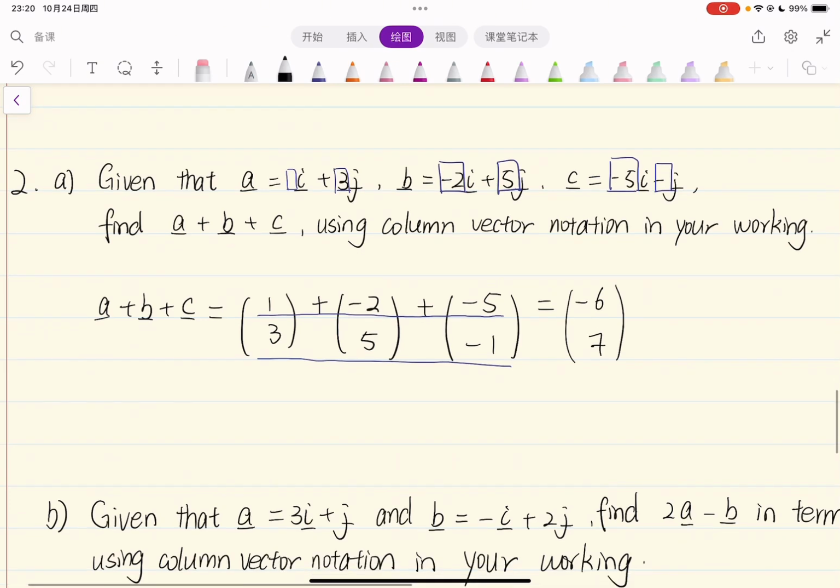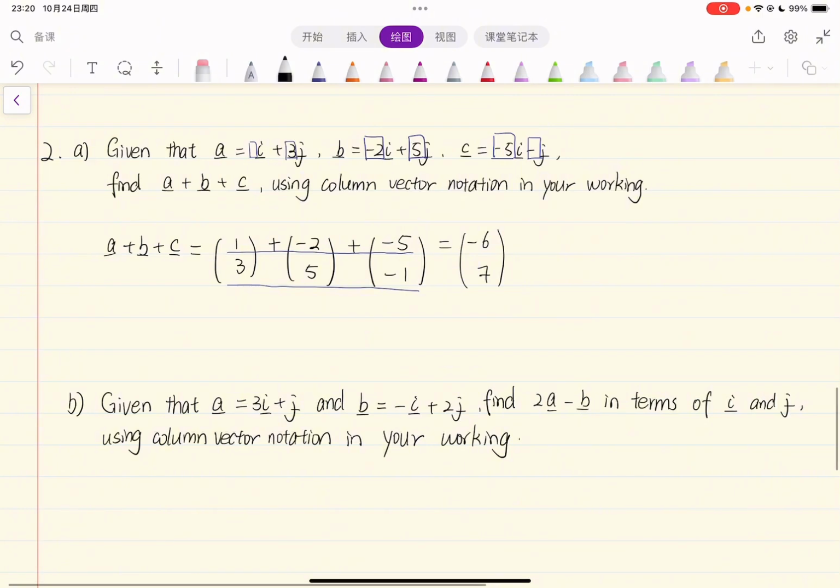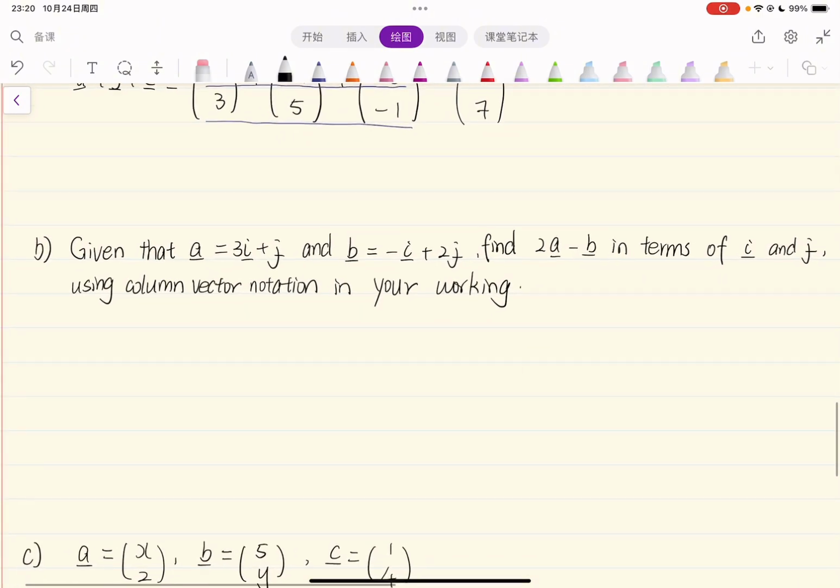Now let's move on to see part b of the question. Given that a equals 3i plus j and b equals minus i plus 2j, find 2a minus b in terms of i and j, using column vector notation in your working. So we have 2a minus b. We write down 2 at first, and then find the scalars of a. For the x component, that is 3. For the y component, that is 1. So we write down (3, 1) minus b.